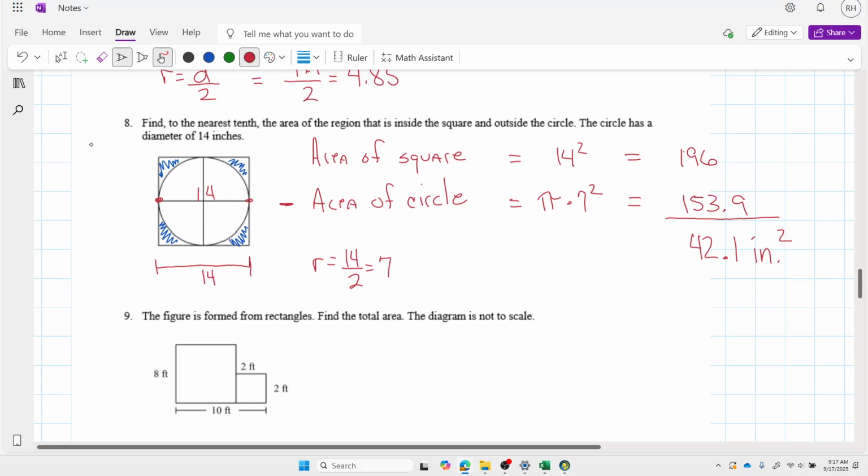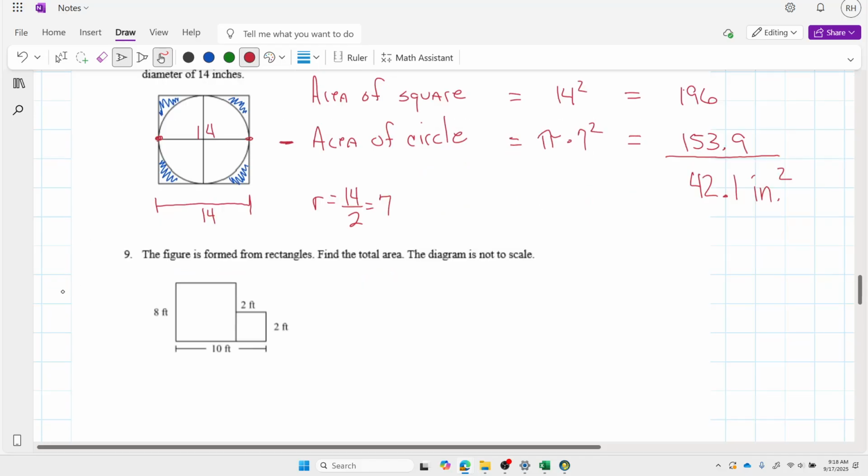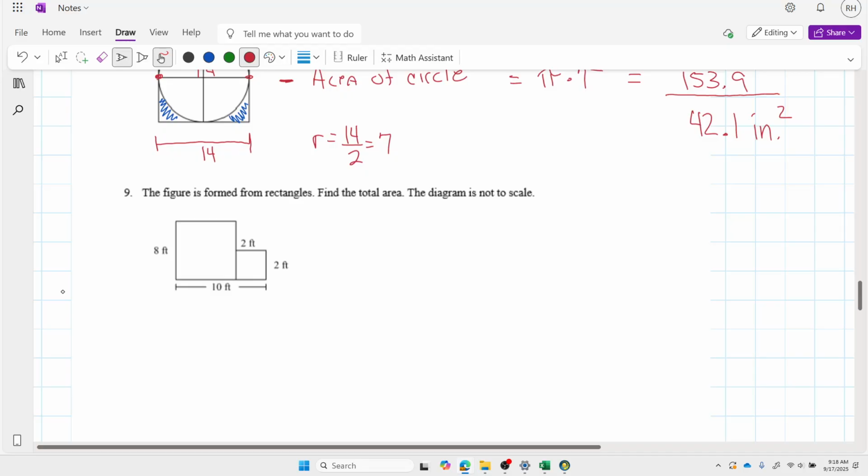All right, and number 9. The figure is formed from rectangles. Find the total area. So to find the total area of this, there's 2 ways to do it. I think the simplest way is we can label the big square.